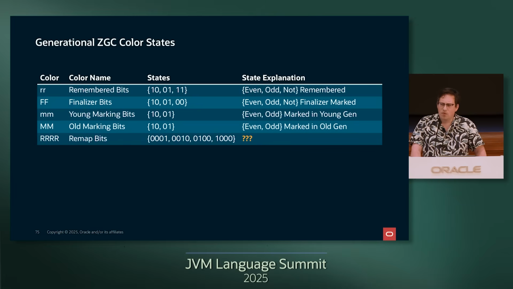There are also some 1, 1 and 0, 0, meaning that the action did in fact not happen. All makes sense until we get to the bottom with the remap bits. There we have four bits and only 1, 1. And yeah, what does that all mean? So we want to have this even and odd stuff that we can reason about.